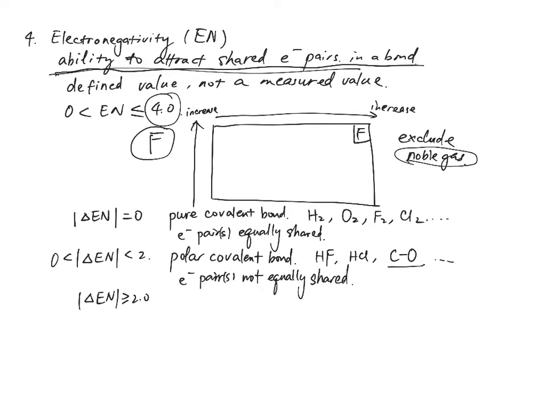But then one element realizes my ability to attract these electron pairs is so much better than yours. If one atom can have that, what do you think it's going to do? Well, it's basically going to say, give me that pair of electrons. I'm stronger than you, I'm more attractive than you, and I'm going to take those electrons, and there's nothing you can do about it.